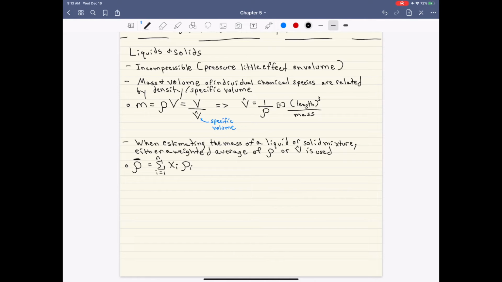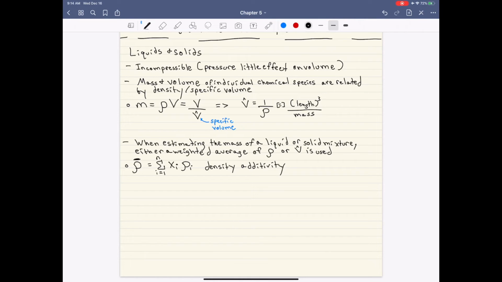All right? And so if we calculate an average density in this way, this is known as the principle of density additivity. Alright? And so if we use this average to calculate the mass of our system, we're assuming that the system follows a density additivity principle.